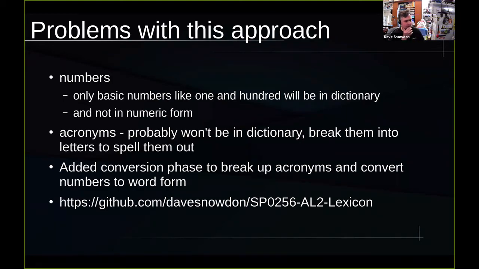So I forked the repo and did a bit more work to convert numbers to words. So it would take 2014 and actually write out the words, and then convert acronyms to letters. So there's my fork there, if you want to look at it. It's still pretty ugly. There's a lot you can do to make it better.